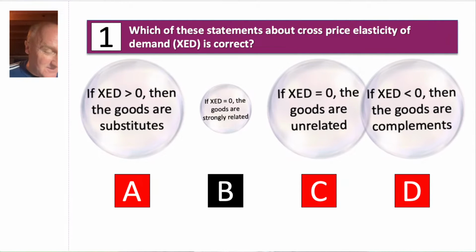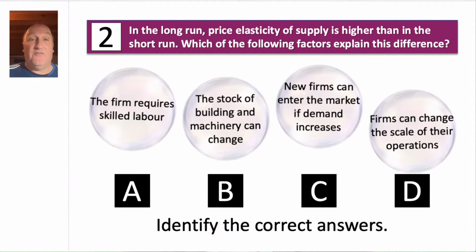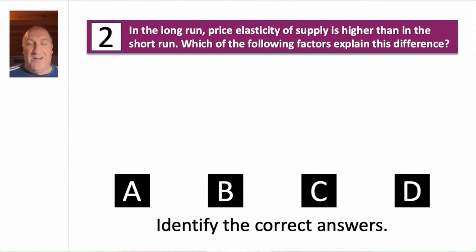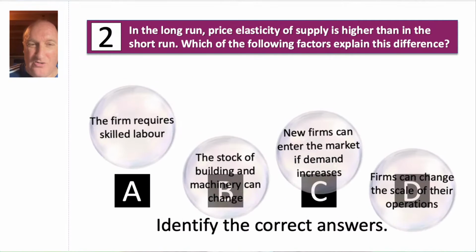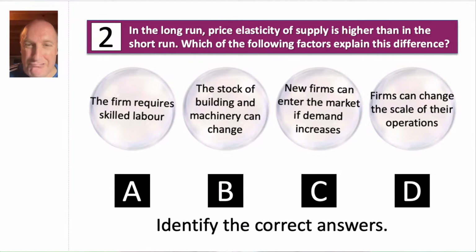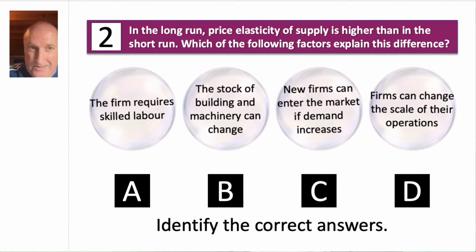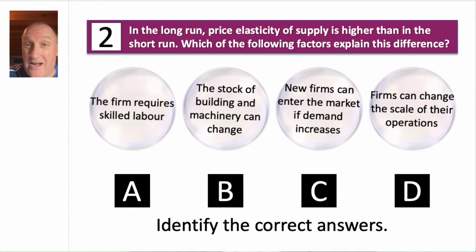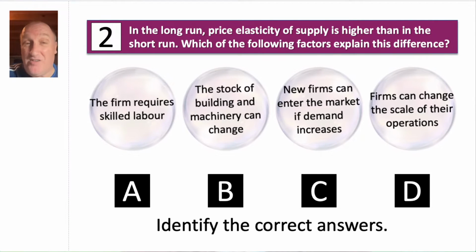Some good answers. Cross-price elasticity, the response of the demand for one good in response to changing the price of another good. Right, I love question 2. This one's tricky. Okay, in the long run, price elasticity of supply is normally higher than in the short run. That's true, actually.